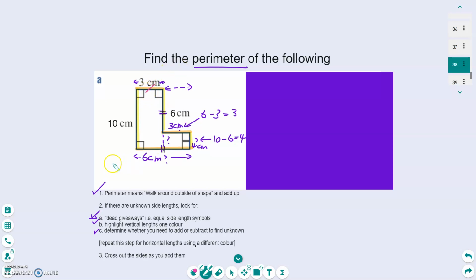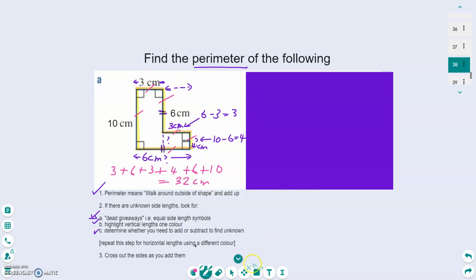Starting in a clockwise direction, 3 plus 6 plus 3 plus 4 plus 6 plus 10. I could probably do that in my head, but I'm just going to put it in my calculator. 32. And then think about the units of perimeter, centimeters.